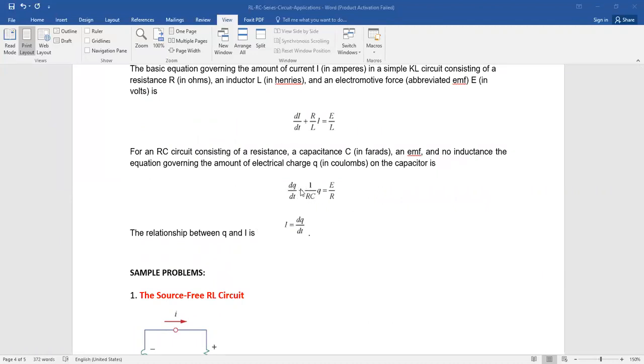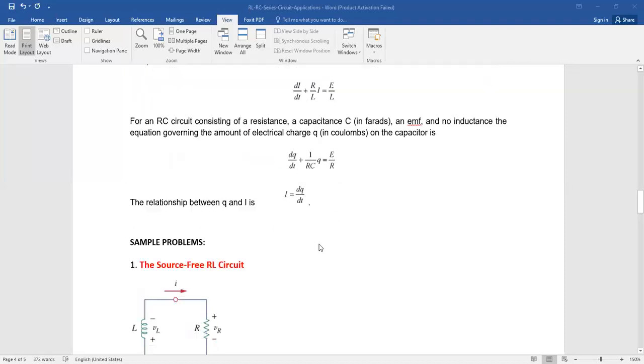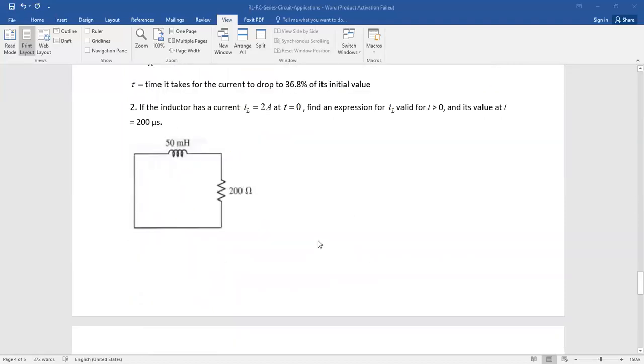The unknown function is Q, the charge, the independent variable is time, and we have the current as equal to dQ/dt. So this entire derivative, class, is actually the current flowing through our RC circuit. So we have Q over RC for the second term, and we have E over R on the right side of this DE. This is the same DE that we started off with in this second sample problem.